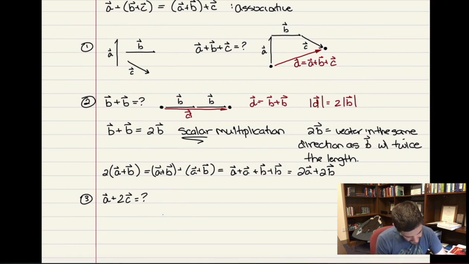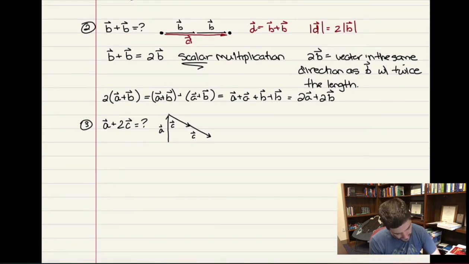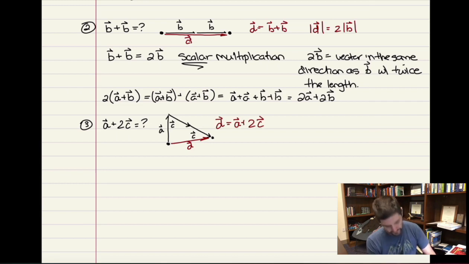Again, it's saying I start and I go some length A, and then I go some length equal to 2C, which is the same thing as if I went 1C, and then again another C. And so this is my starting point, this is my end point. The vector I might draw connecting them might be D, equaling A plus 2C.